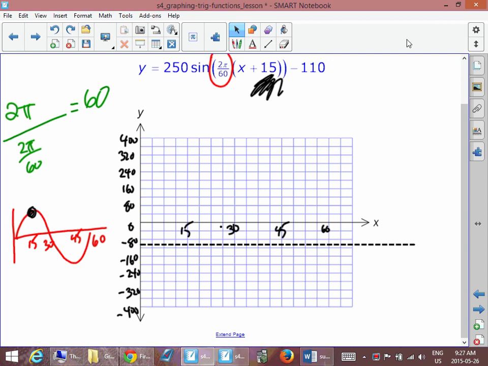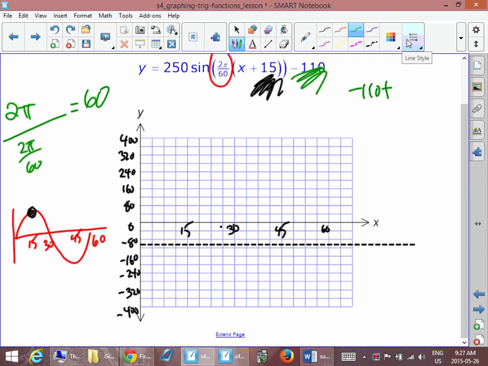Now the max is the D value, negative 110, plus the A value, that's 250. So we get 140. So that's where we're going to start the graph, is at 140. At 15, we'll go to the next point. So if we look at this, the next point after the max is right back on the axis.